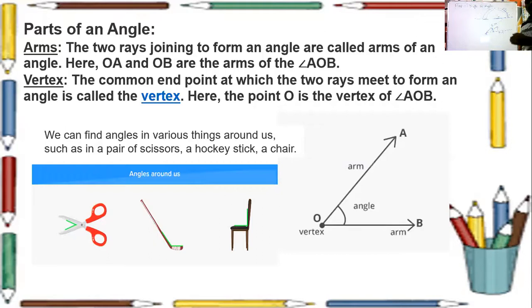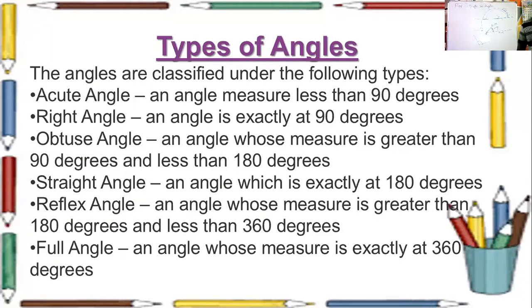In our regular life, you can see where angles are formed: between the blades of scissors, a hockey stick, a chair. In a chair you can see 90 degrees. In a hockey stick, this is the angle there. Whenever two lines are possible, you can always find the angle between them.